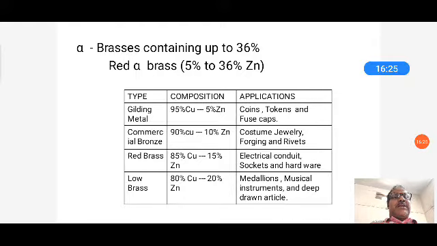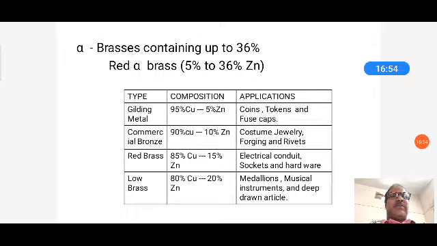Deep drawn articles means musical wires for a guitar, veena, and other musical instruments. Medals, like bronze medals for athletics winners, are represented by medallions, and it is also used for deep drawn products.